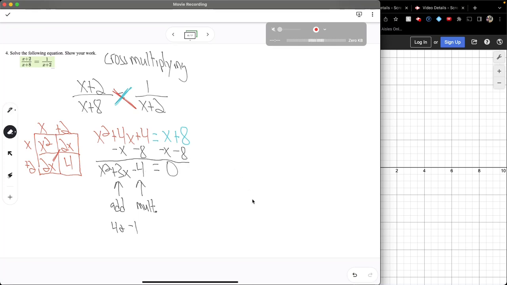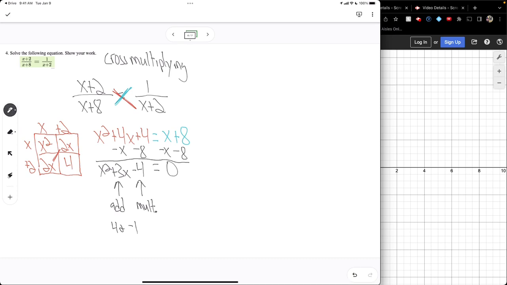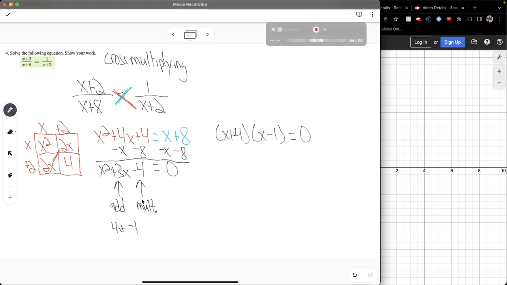So my factors are going to be x plus 4 and x minus 1. Those are my two factors, and once we do that, we're home free. I want to set both of these factors equal to 0 and solve for x.